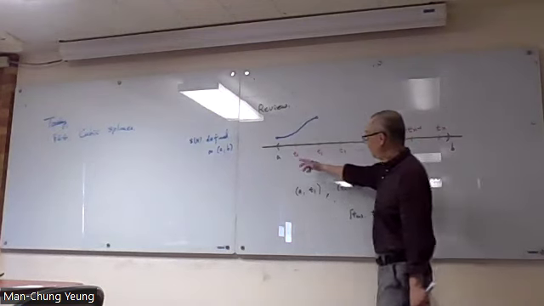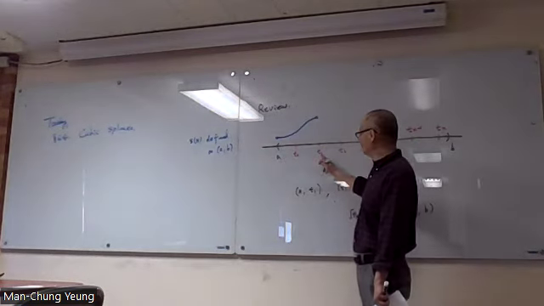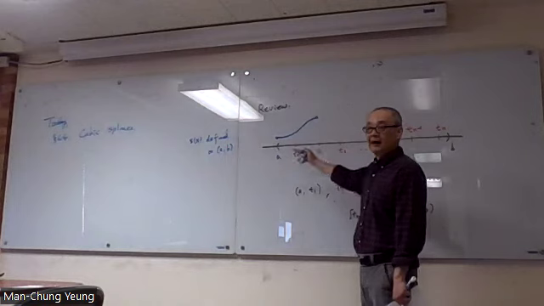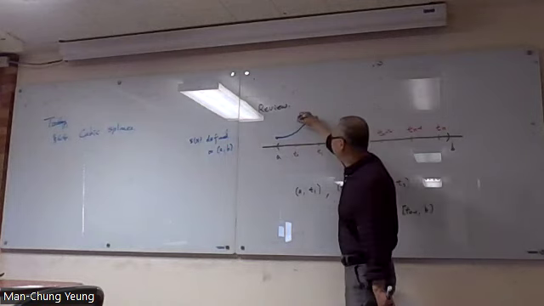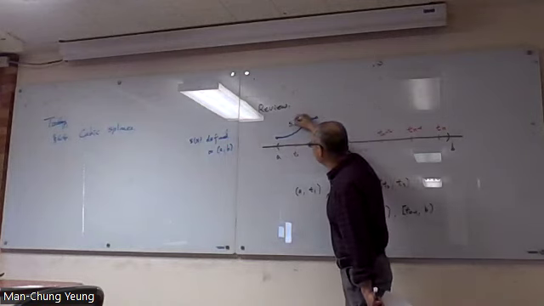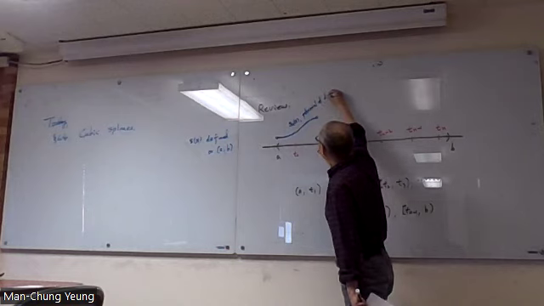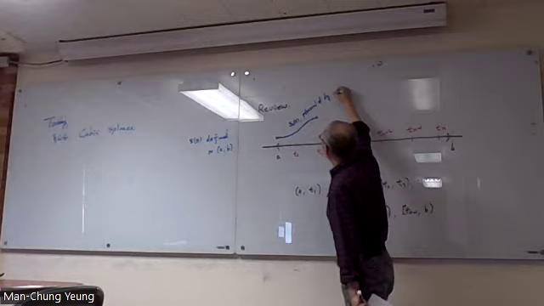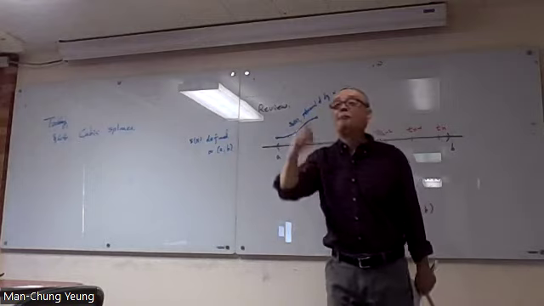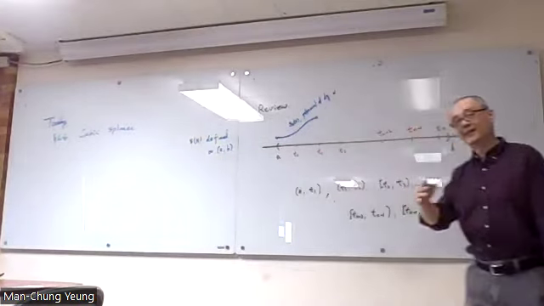Now from A to T1 it is a polynomial. Let me denote this polynomial as S0, a polynomial of degree at most k. I should say at most k, not exactly k.